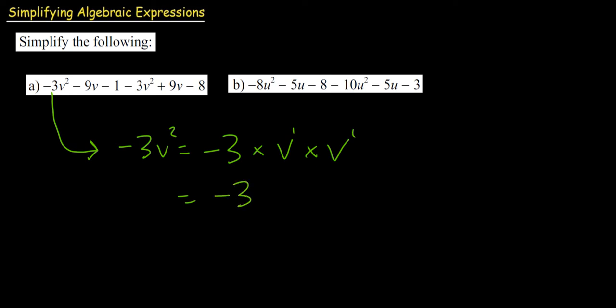So we've got negative 3. Remember, if things are next door to each other in maths, that means they're multiplied. Now, instead of counting the powers as the coefficient, we count them as powers and we add them. So we've got negative 3v, 1 plus 1, which is negative 3v squared.